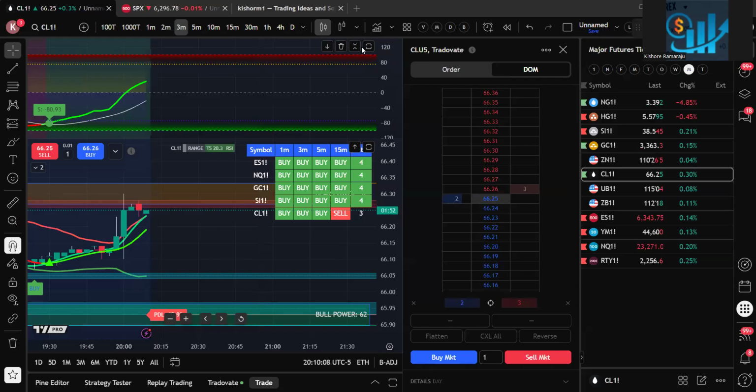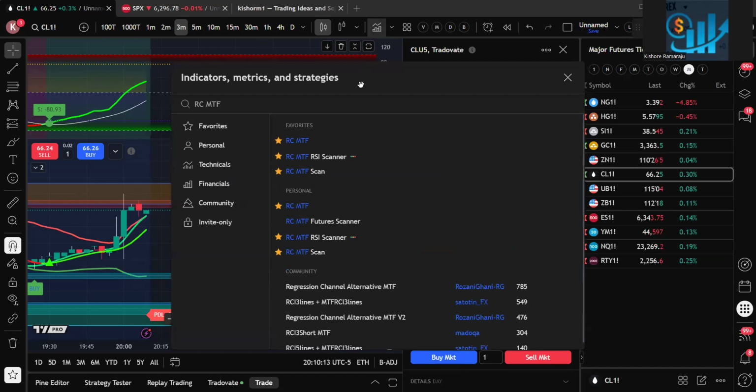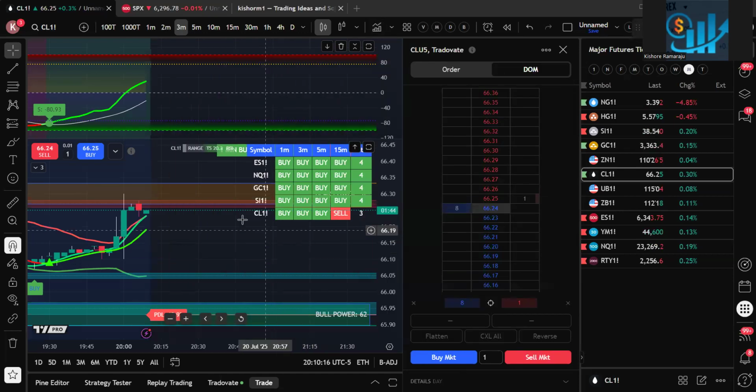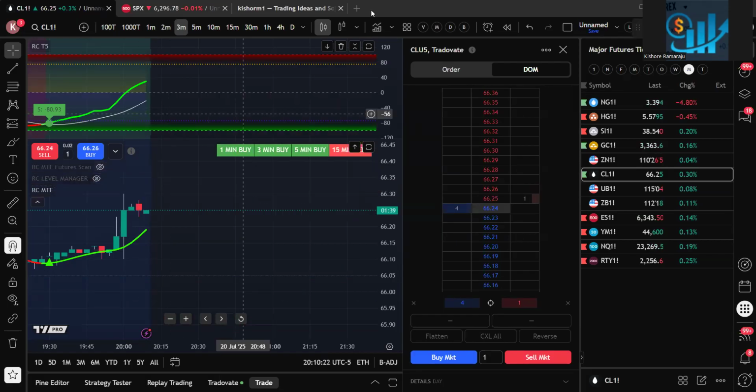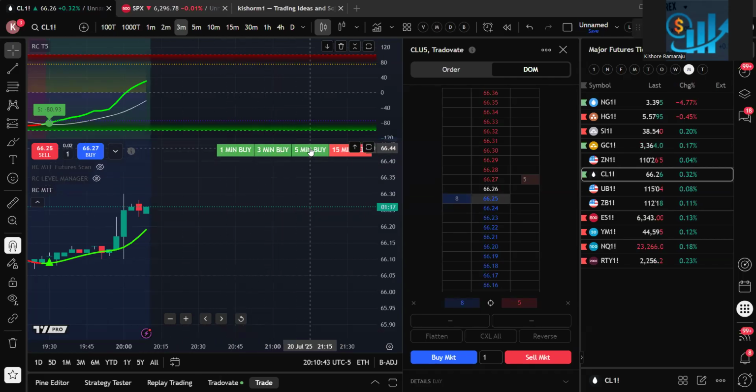So we already had one indicator, right, called MTF or CMTF, which will show you. This RCMTF, which is like a multi-time frame scanner or indicator, will tell us that crude oil is bullish in 1 minute, 3 minutes, and 5 minutes, but in 15 it is bearish.